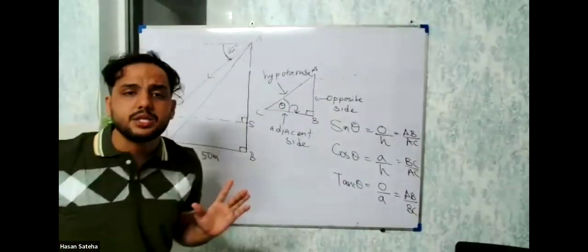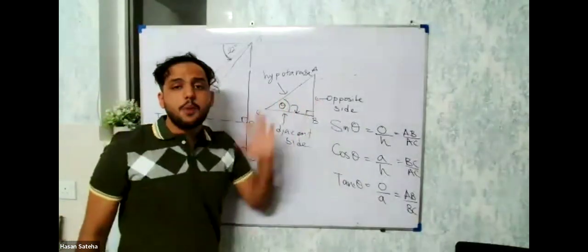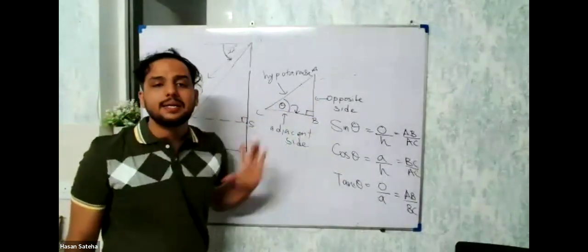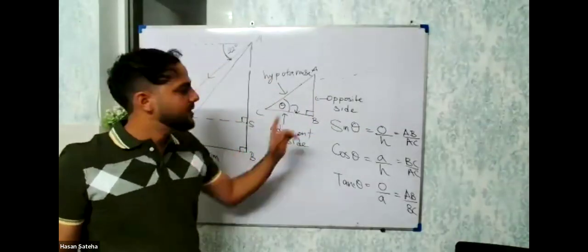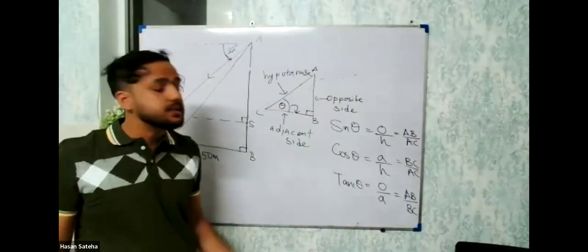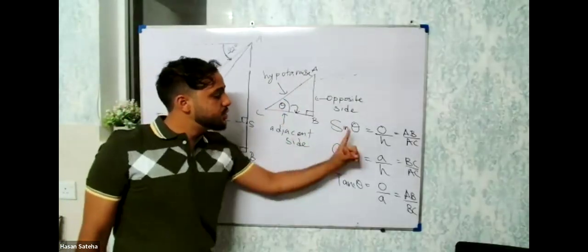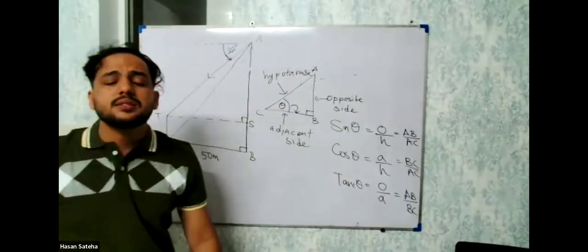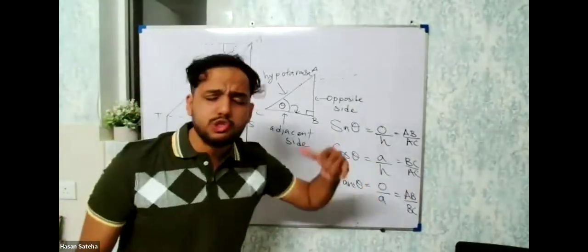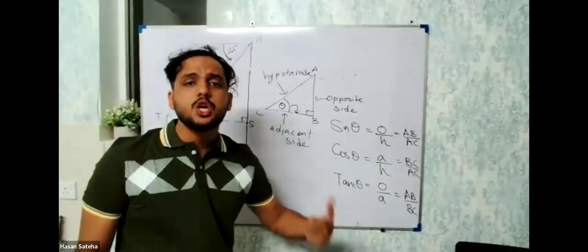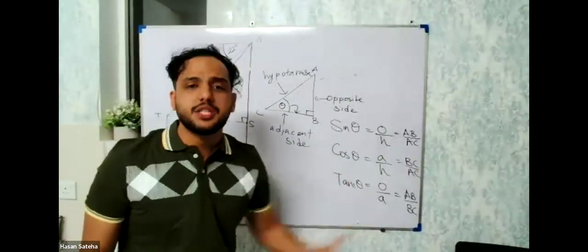You must know what the opposite side is, and what the adjacent side is. After you figure out the opposite and adjacent, the hypotenuse is easy. Opposite to the 90 degree, that's your hypotenuse. Then after you figure out the three sides, you have the sine theta, cos theta, and tan theta. Now you ask me, do you need all three ratios? No. According to the question, you will apply the relevant ratio.